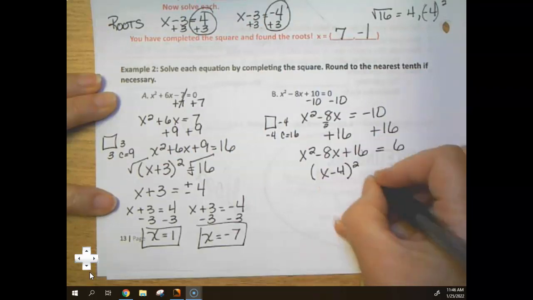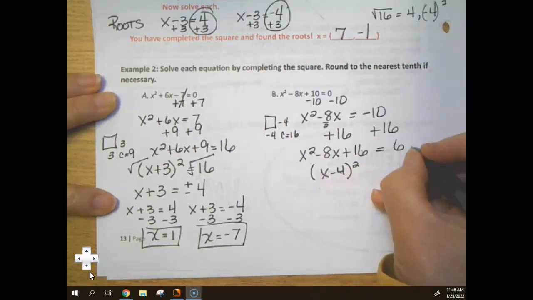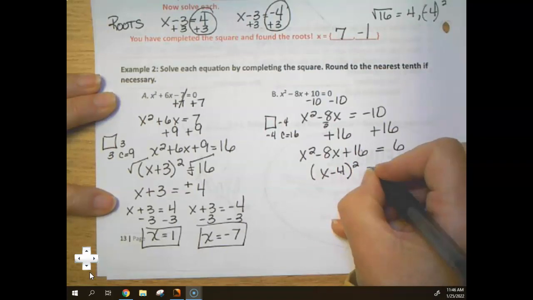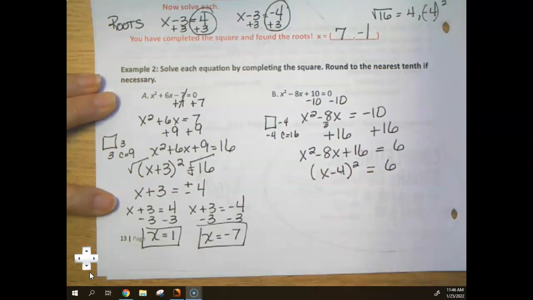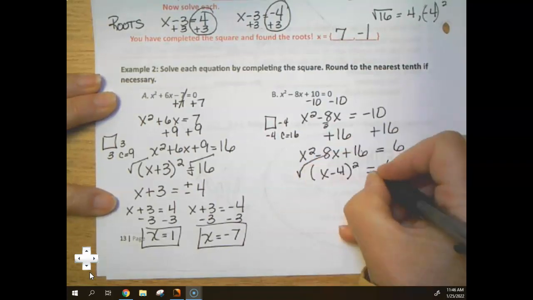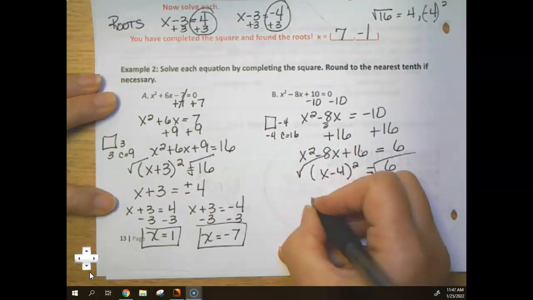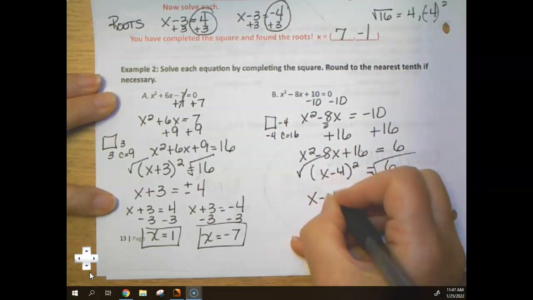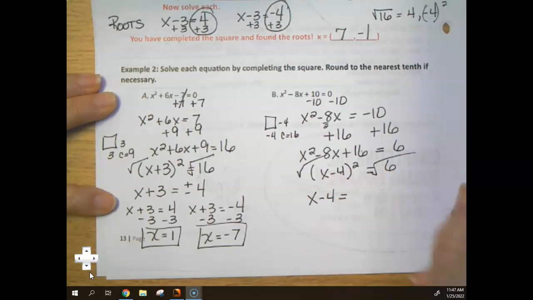Equals 6. Square root. x minus 4 equals, what's the square root of 6? It says round to your nearest 10th.